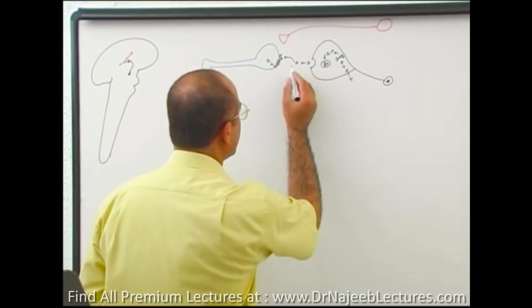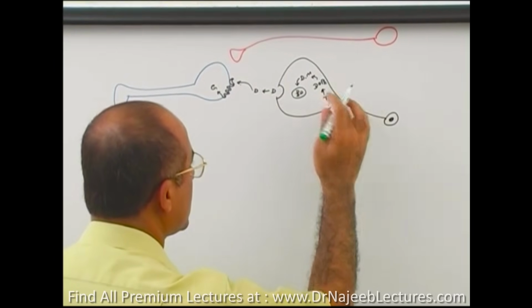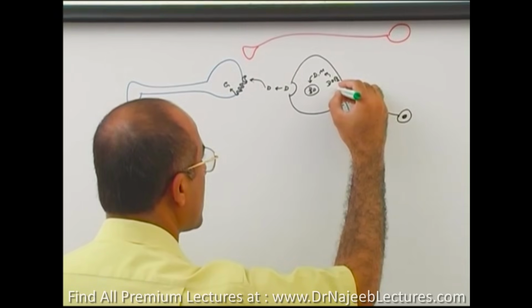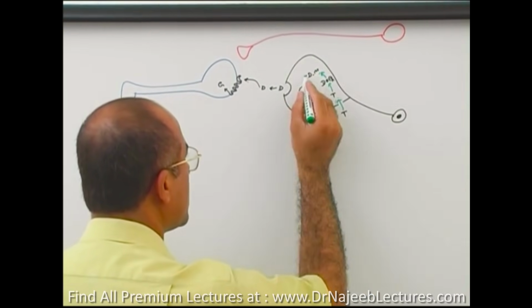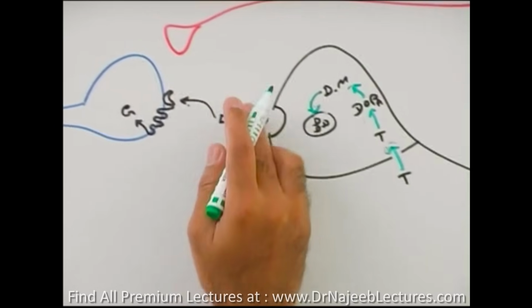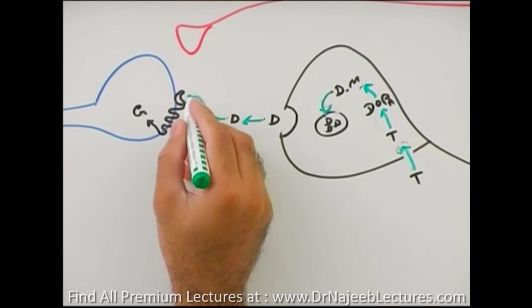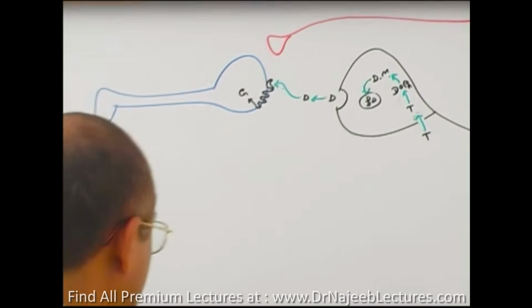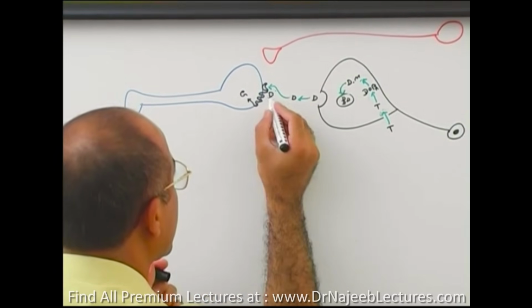After the dopamine has done its action, right? I'll make these arrows green so that you don't confuse them. Dopa into dopamine and now dopamine is being stored and here it is released. Here it starts its action. Right, then what happens? This dopamine has to be recaptured.